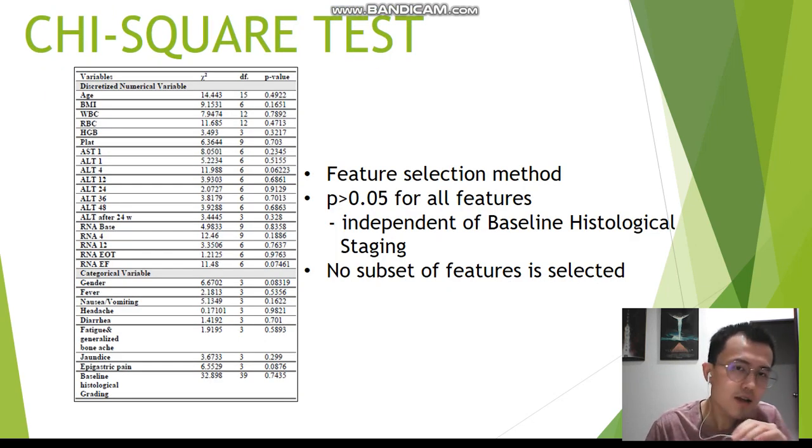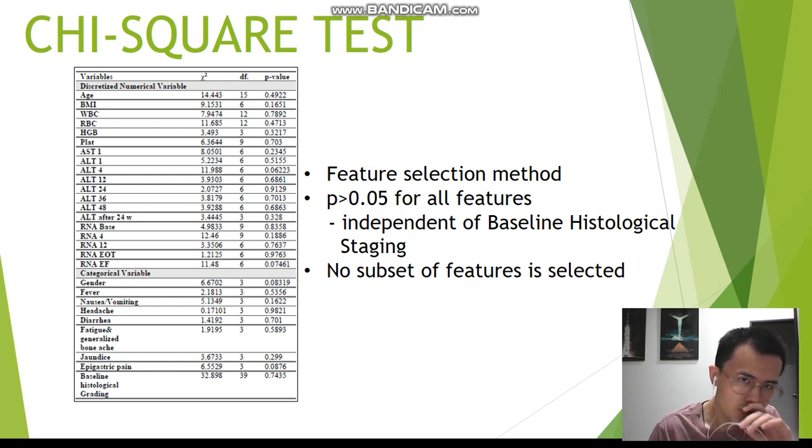So at last, we also perform the chi-square test of independence on the data. The chi-square test is actually one of the feature selection methods. In this study, we try to identify a subset of features that is able to help in predicting the target variable, which is the baseline histological staging in our study.